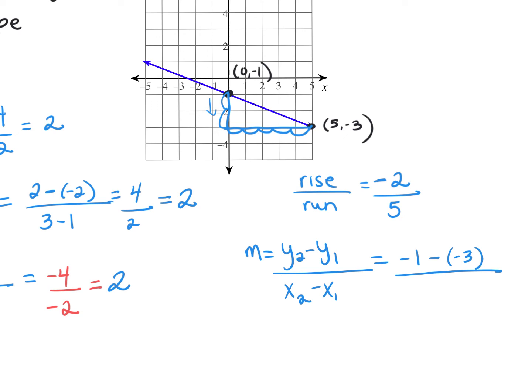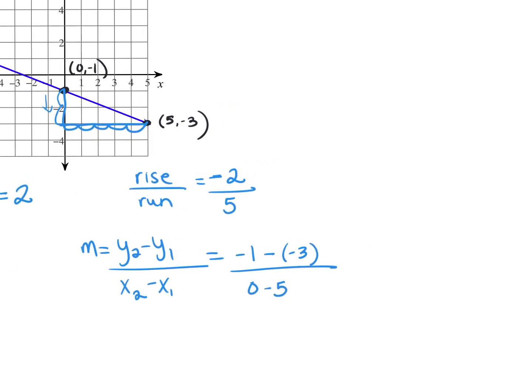And then my x values are 0 and 5. Okay. So when I subtract, I add the opposite. So this is going to give me a +2, and 0 minus 5 is -5.